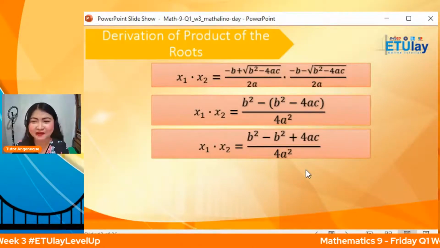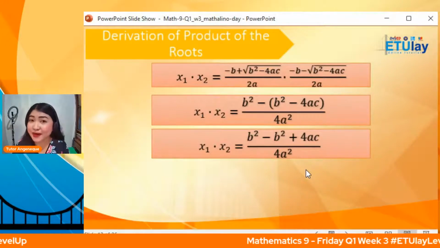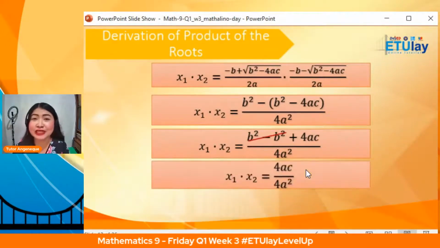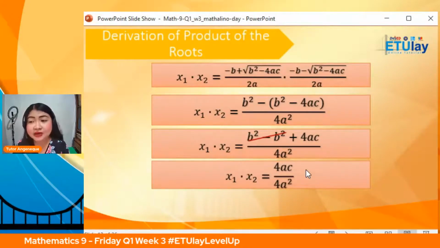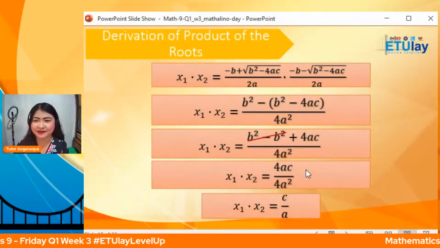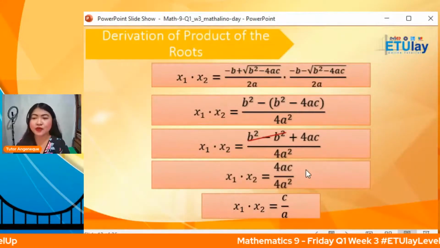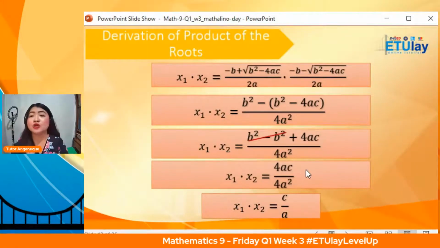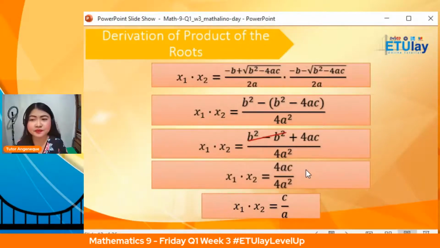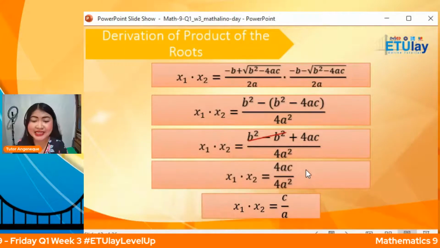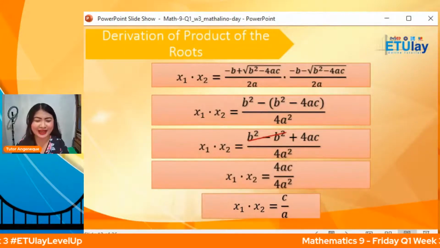So that's how to derive. And then, b square minus b square is 0. Ayan. So ano na lang natira? 4ac all over 4a square. So, the answer is c over a. So when we multiply the two roots, then the product of the two roots is c over a.